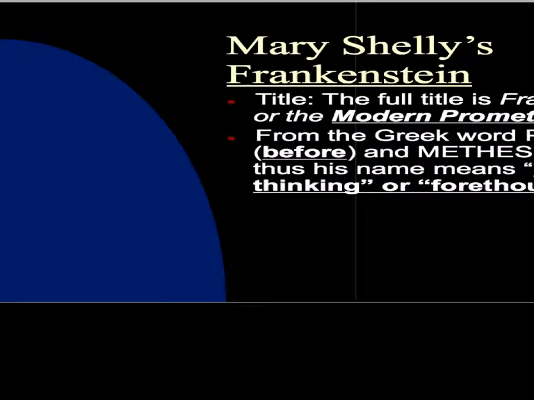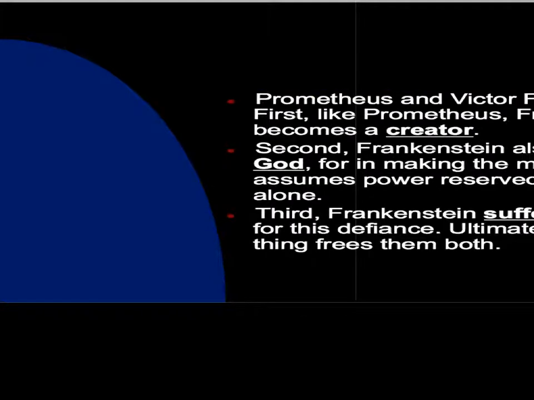A few things about Frankenstein. The full title is Frankenstein, or The Modern Prometheus. We read the story of Prometheus, a couple of versions of it, this year. Interestingly, though, the word Prometheus means before thinking. So his name means before thinking, or forethought. Now here are three similarities between Prometheus and Victor Frankenstein.